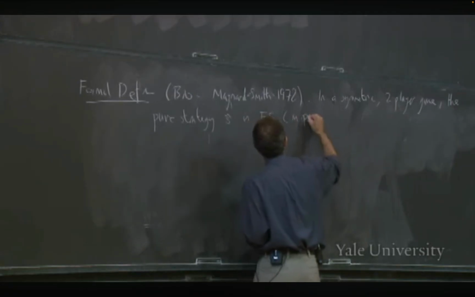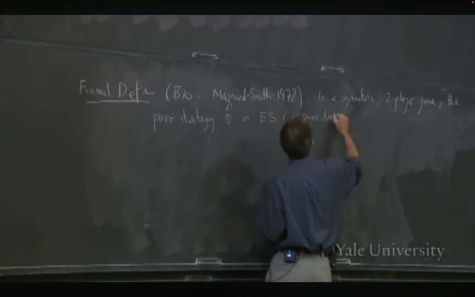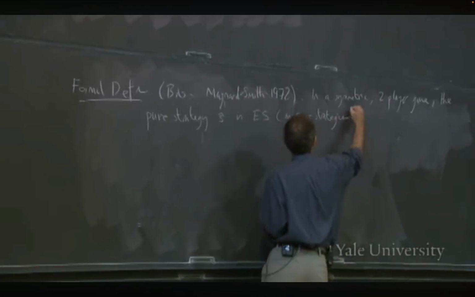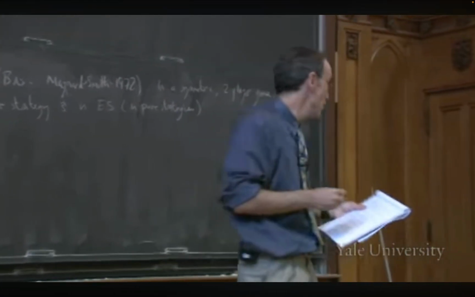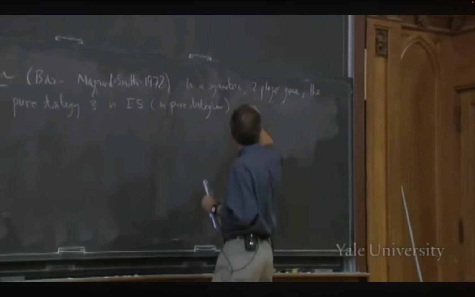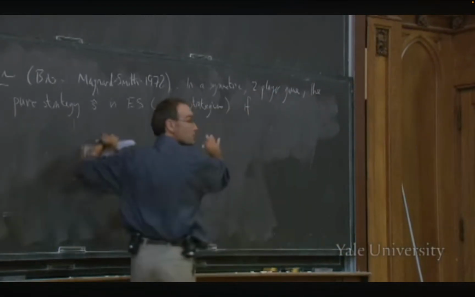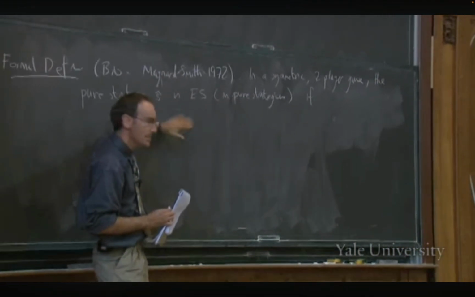I'm going to say in pure strategies. It's evolutionarily stable in pure strategies. I'm putting this in because we're going to come back on Monday and consider mixed strategies. Right? So it's evolutionarily stable in pure strategies if, and just leave a little bit of a space here, because I'm going to need a little bit of space between these next two lines. So leave a little space here.